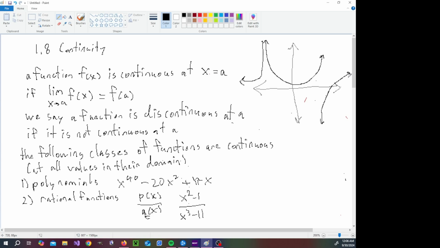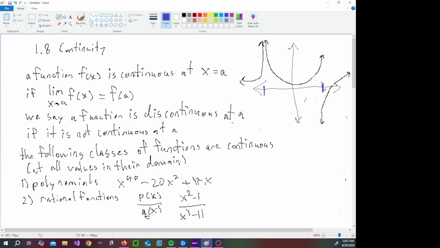Well, again, we care about what values are in the domain of the function. The following classes of functions are continuous at all values in their domain. So even though we have these asymptotes where we have to lift the pencil up, we don't have those numbers in the domain at all, right?